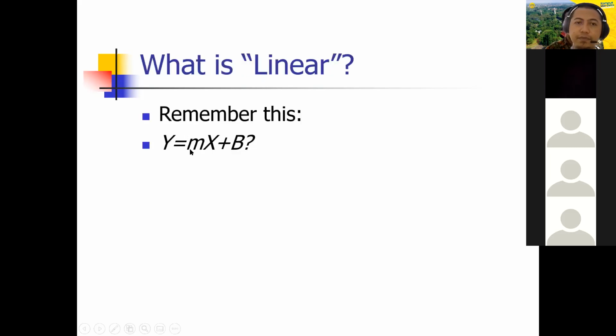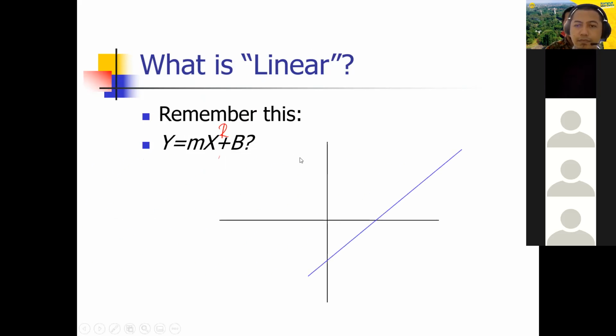And why linear? Because it doesn't contain any polynomial. The order of x is only one. If we use two, it is no longer linear.